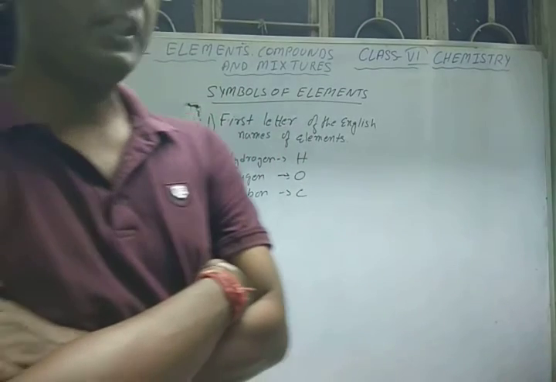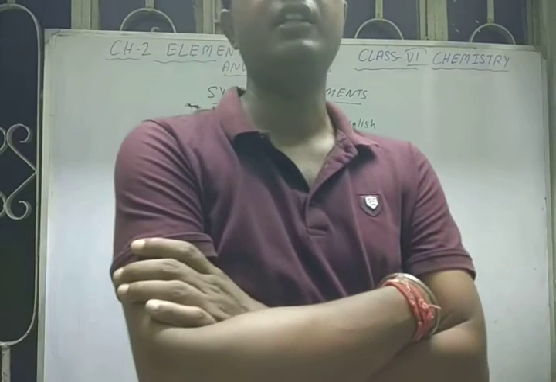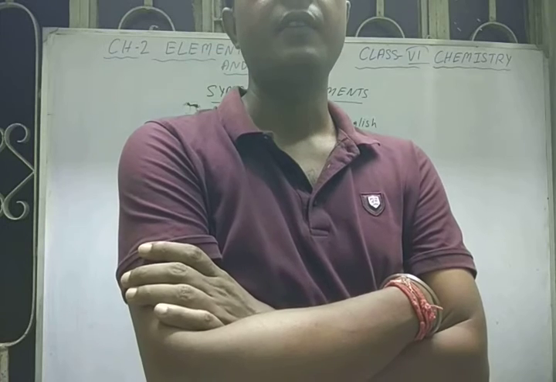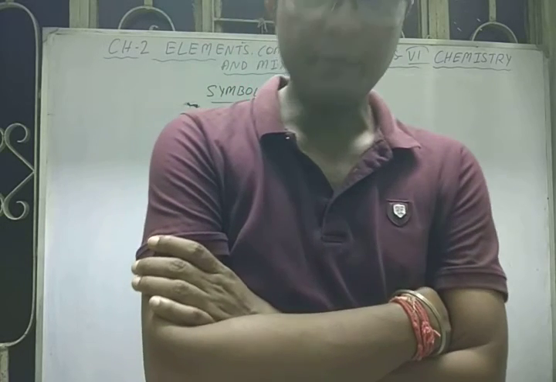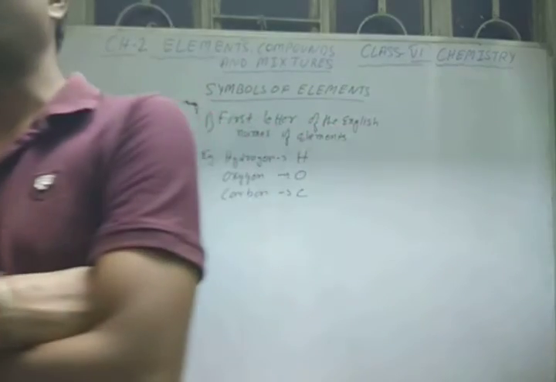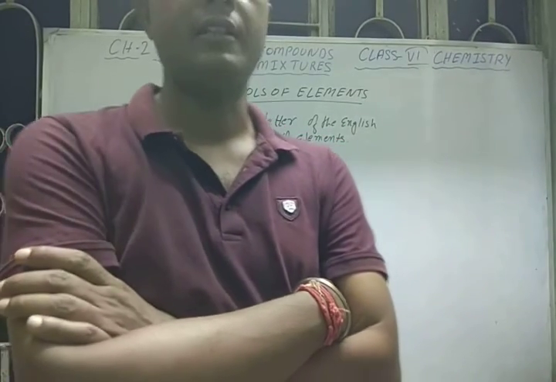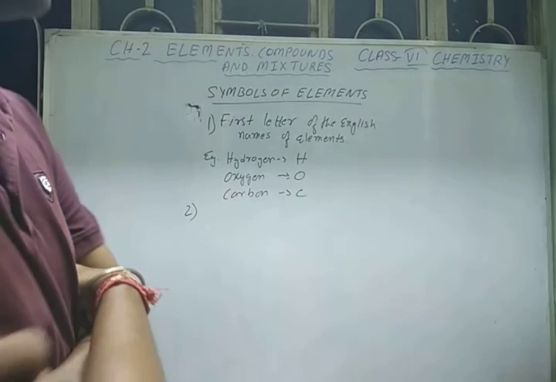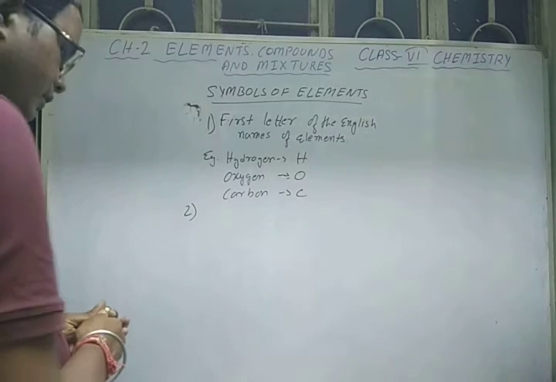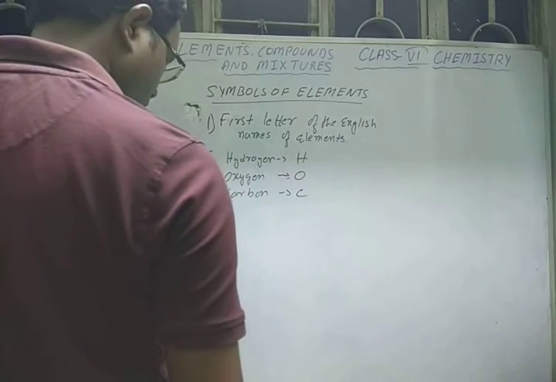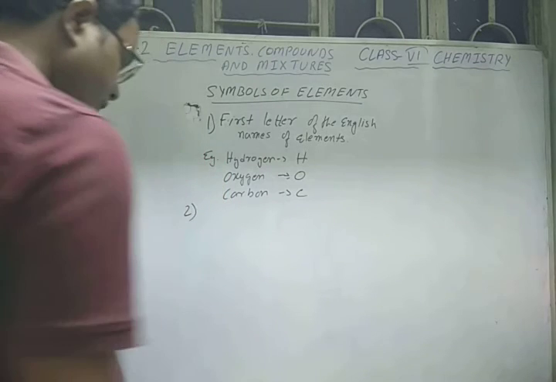So due to the repetition of the first letter in the different names of elements, it was decided that all elements cannot be given the symbol with their first letter.